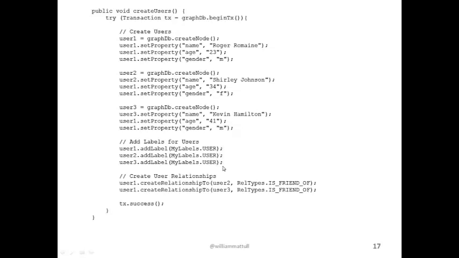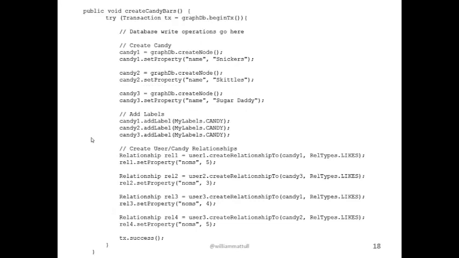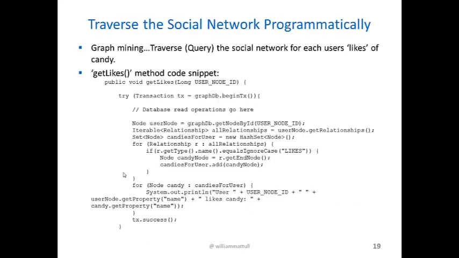And so this is a nice thing to have if you have nodes of different data types as we do, which is users and candy bars or candies. And so here we see something similar where we're creating nodes, we add our candy labels in, and then we go ahead and create those relationships of the relationship type like, and then we add noms to score it.